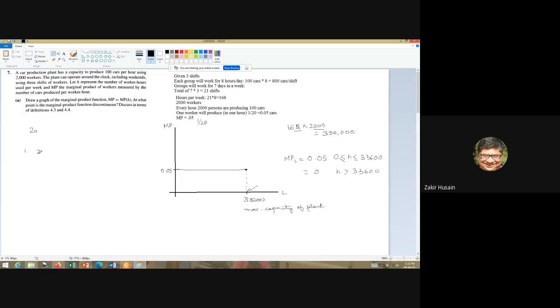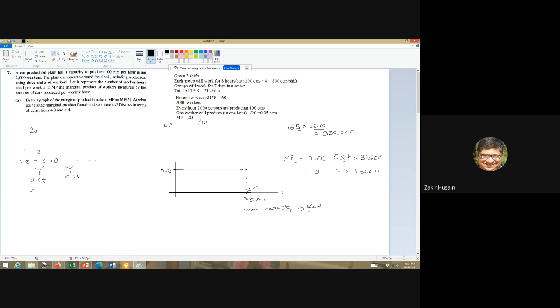If you increase it to 2 working hours, you're going to produce a total of this amount. So the difference is 0.05. This is the marginal, and this is going to be constant. As you go on increasing working hours, your total production is going to go up by 0.05 for every working hour.